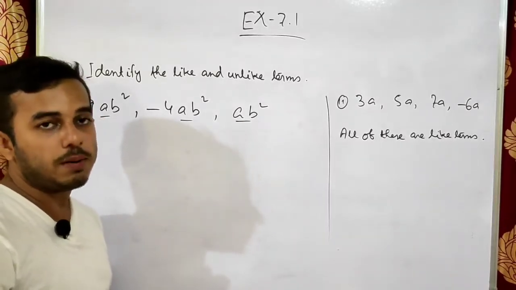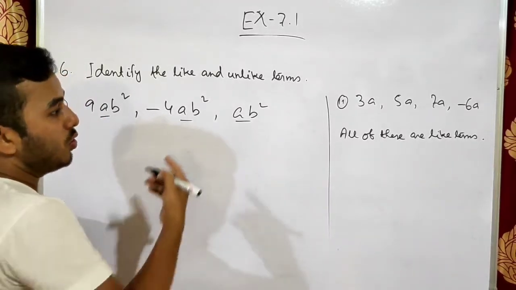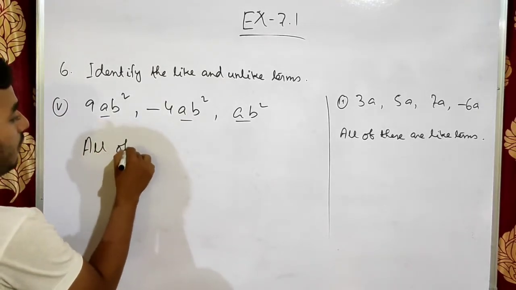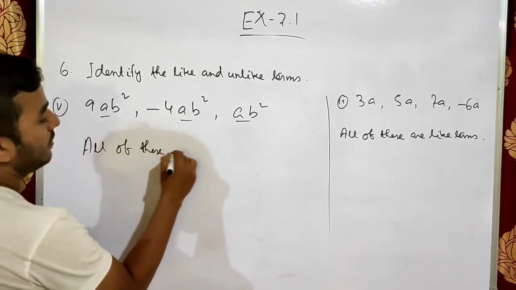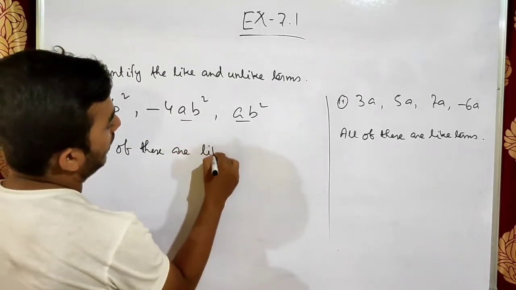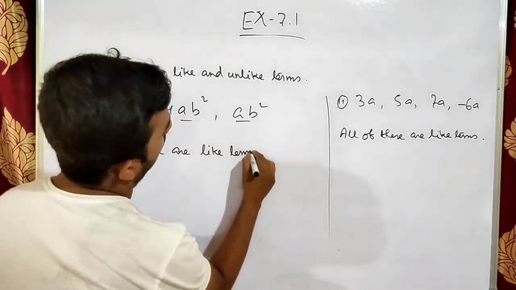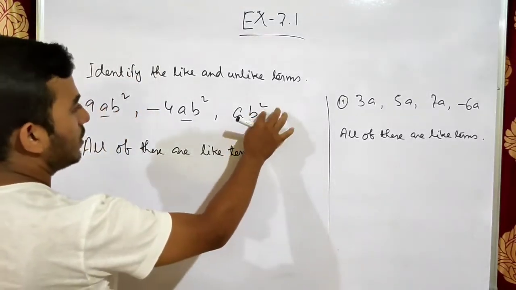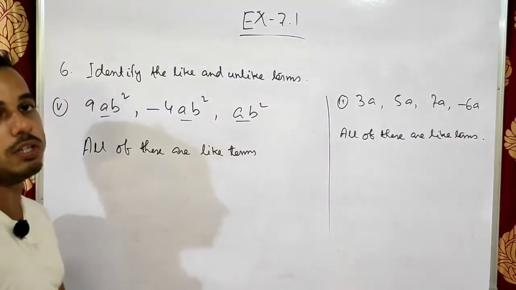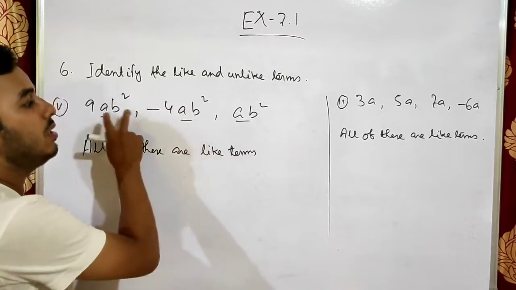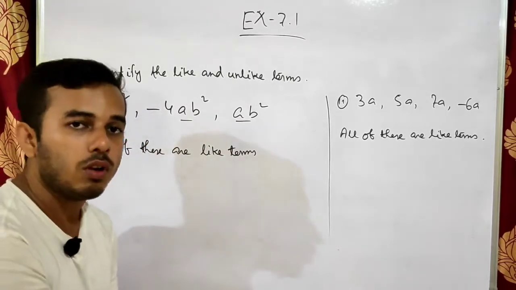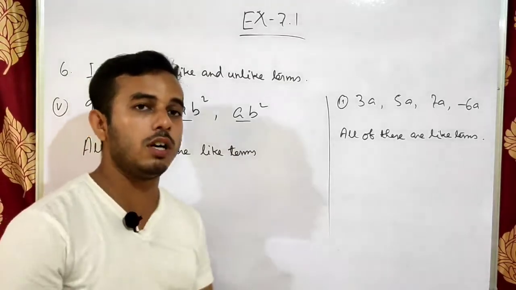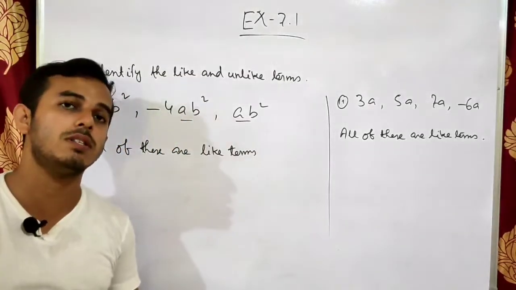So these are like terms. Write: all of these are like terms. If it was ab to the power of cube here, then that one would be an unlike term, and the others would be like terms. I hope you have understood how to identify which are like and which are unlike terms.